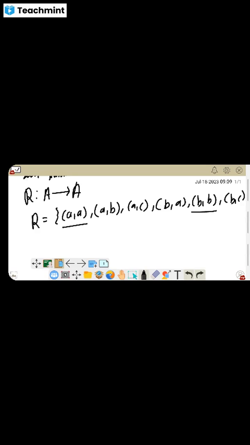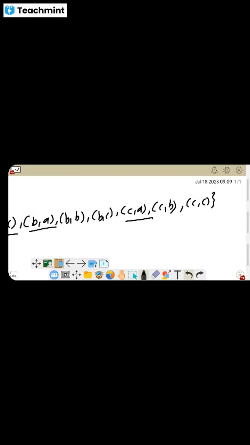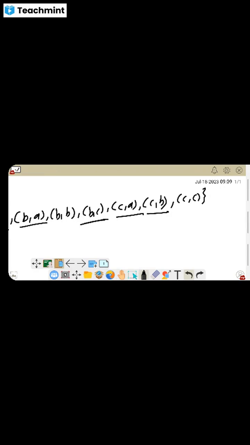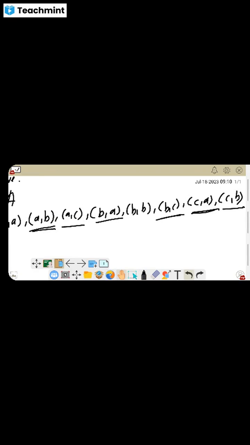And symmetric, having A comma B and B comma A, A comma C and C comma A, B comma C and C comma B. So we have the symmetric relation. And we have A comma B and B comma C, and also having C comma A or A comma C. So this is transitive also. So we can say the given relation is an equivalence relation.